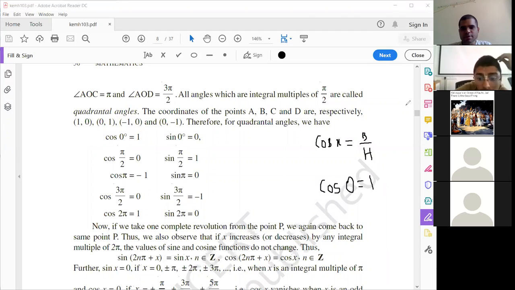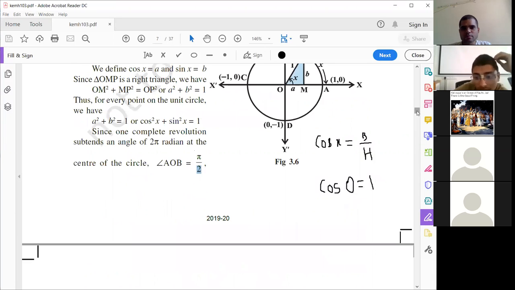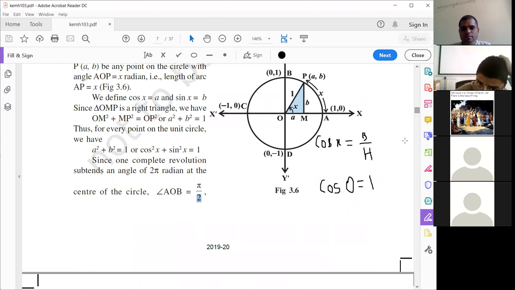From this circle we can understand how it is 1. Here H is 1. What does cos 0 mean?